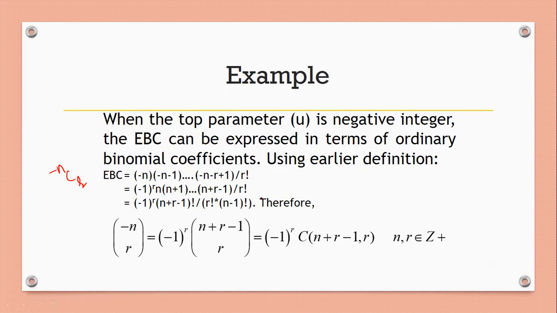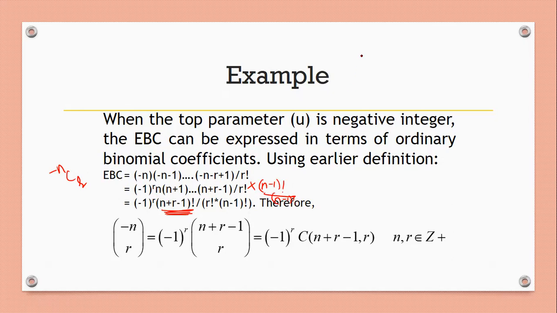Now, to get this factorial n plus r minus 1 factorial, you have to multiply the numerator and denominator with n minus 1 factorial. Why is that? Because from n plus r minus 1 we have reached only till n.